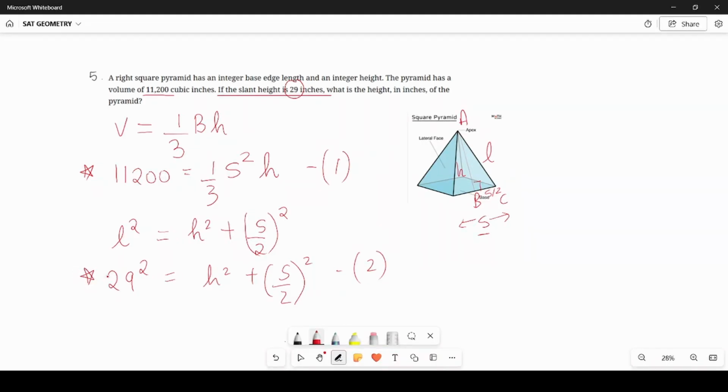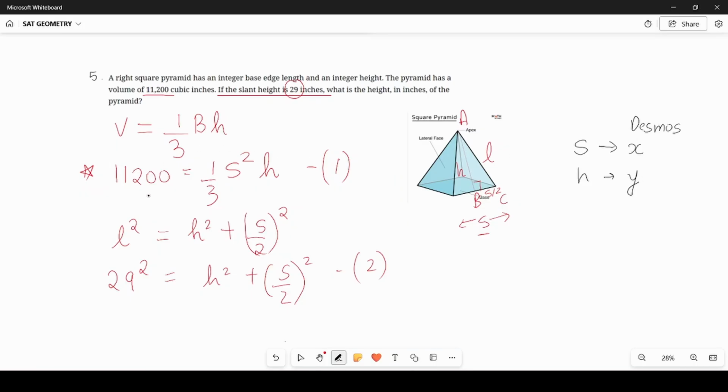Now here we are having two equations, equation number 1 and equation number 2. Both the equations are equations in two variables, so we can use the elimination method or the substitution method to solve this. But in SAT we are allowed to use Desmos, so we are going to use that in order to find the value of H and S. Please note that I'm going to use S as X in Desmos and H as Y because we can only represent in terms of X and Y in Desmos.